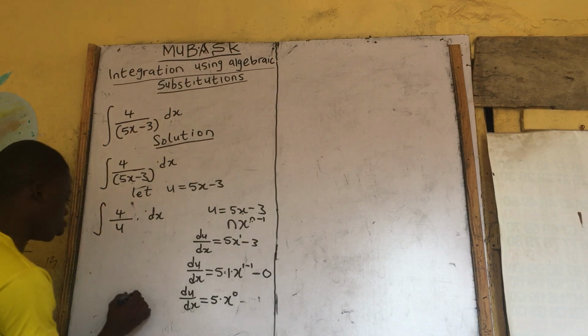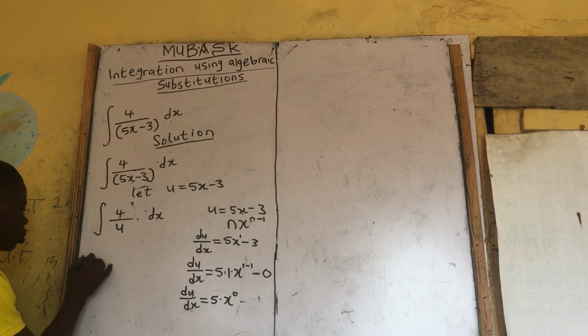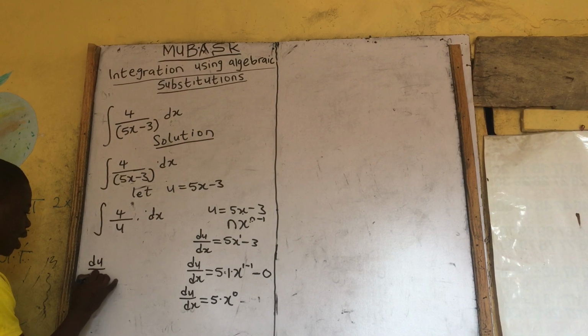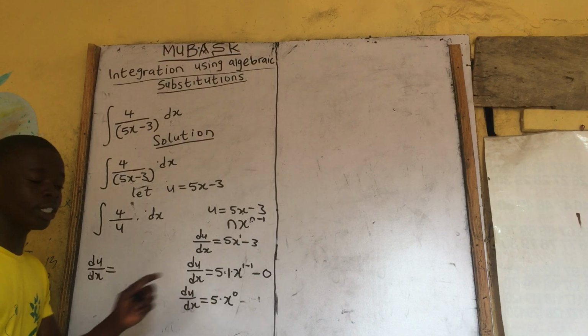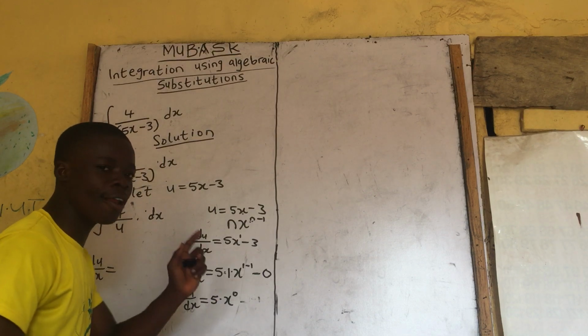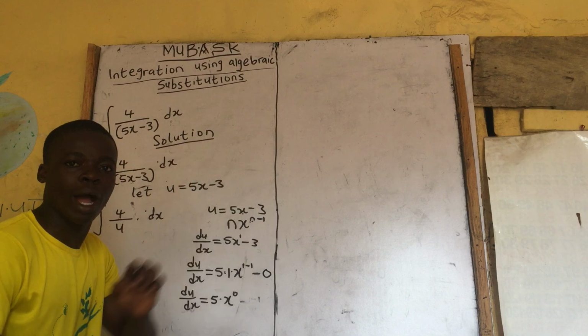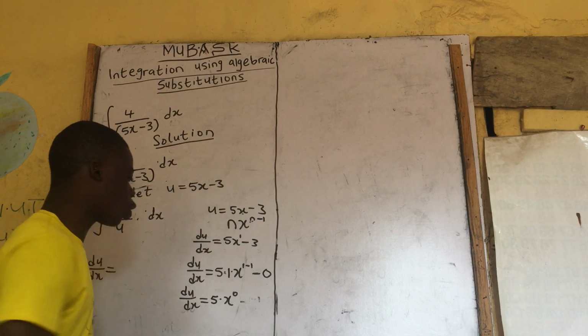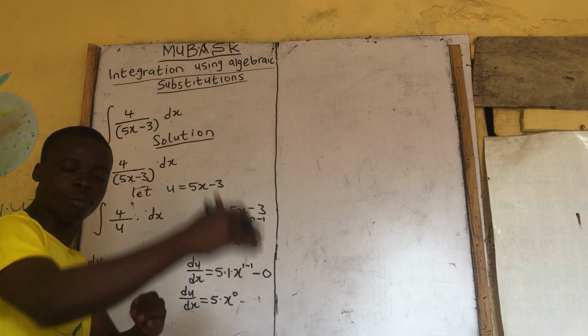So du over dx now equals, from the zero law, which says that any number or any letter raised to power 0 is equal to 1. This comes from the indices.